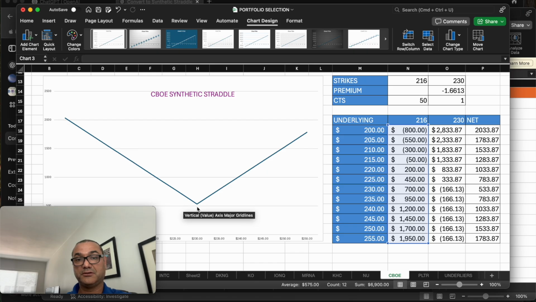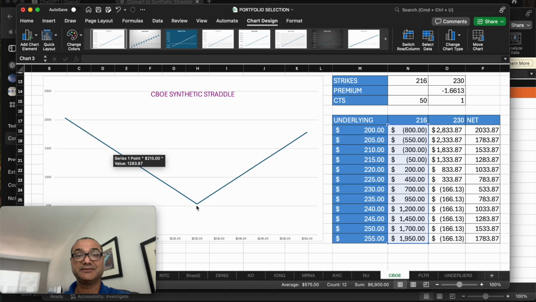So in this synthetic straddle, I'm long the 50 shares of stock and long the put, one contract, which represents 100 shares. That leaves me, to the downside from 230 and below, net short 50 shares. So now I no longer have directional risk.